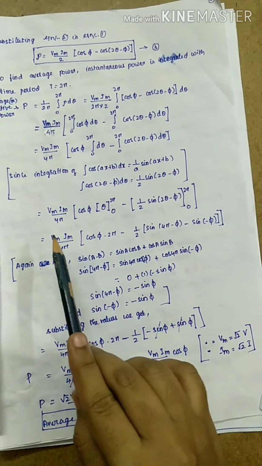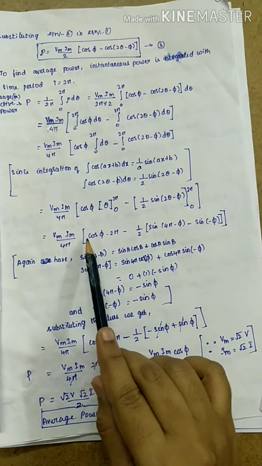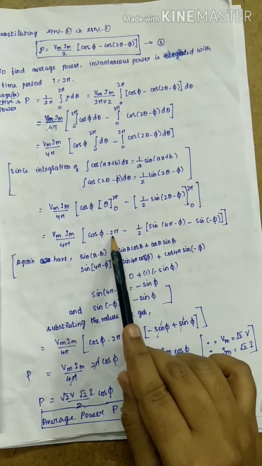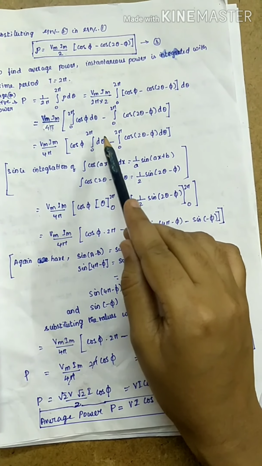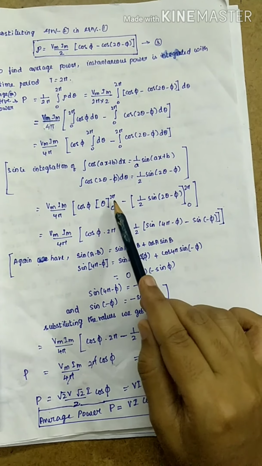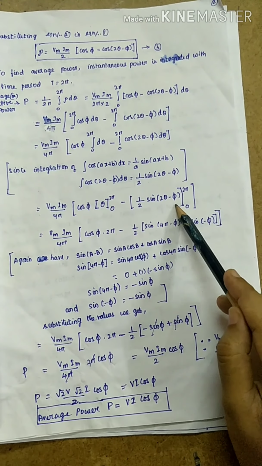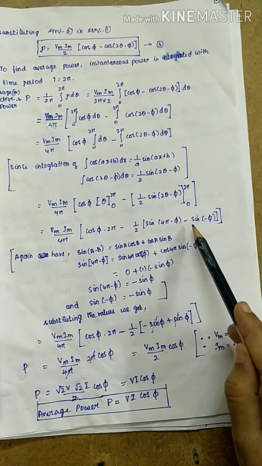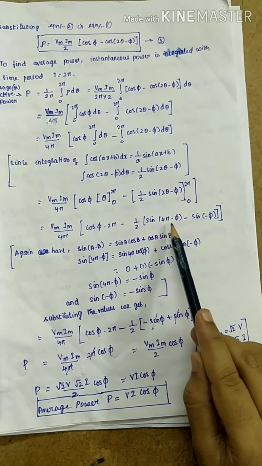The obtained answer is Vm Im by 4 pi into cos phi into 2 pi, because when integrating d theta, I get theta. By applying the limits, I get the value 2 pi, and the same goes for the other term. Again here I have sin (A minus B).